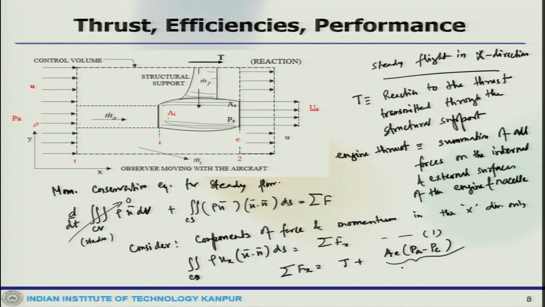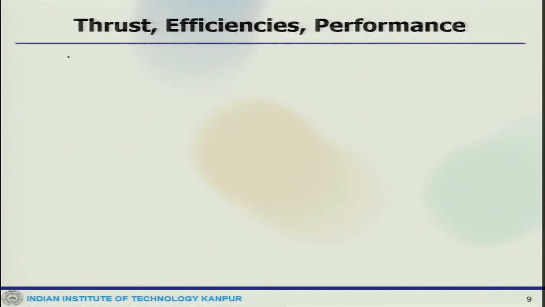which is the net pressure force on the control surface. So, let m dot A be ρ u A_I, which is drawn into the engine per unit time.